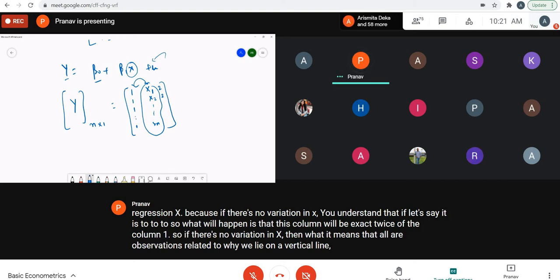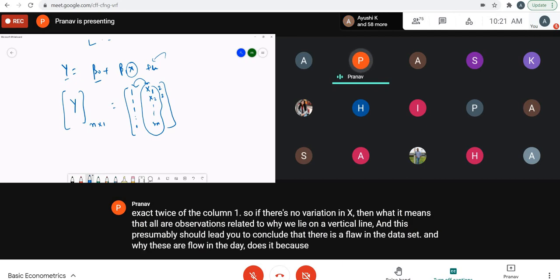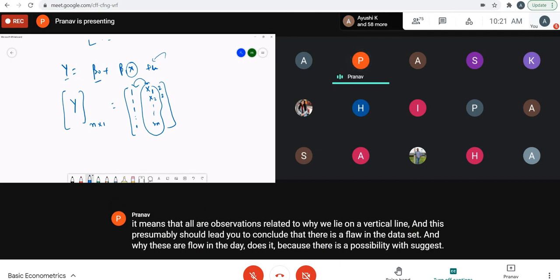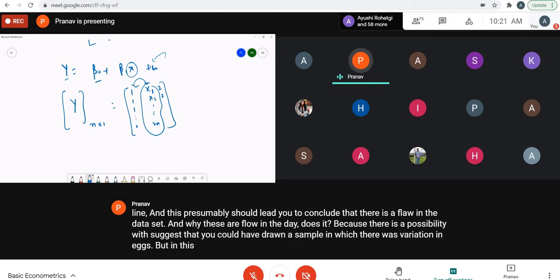And this presumably should lead you to conclude that there is a flaw in the data set. Why is there a flaw in the data set? Because there is a possibility that you could have drawn a sample in which there was variation in X, but in this particular instance, you did not draw a sample having variation in the regressor.